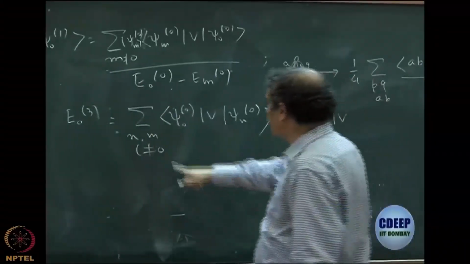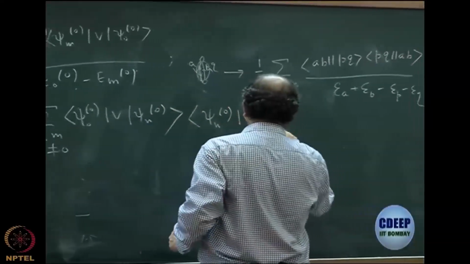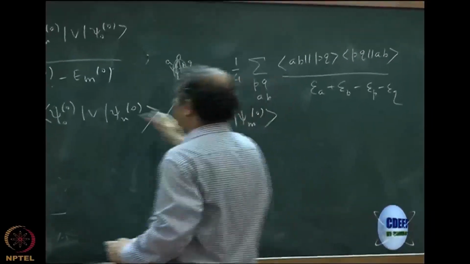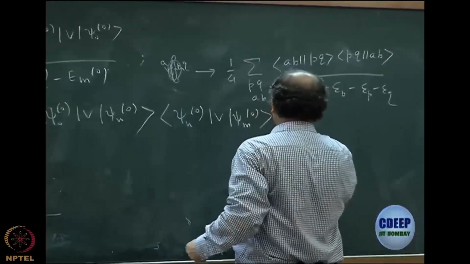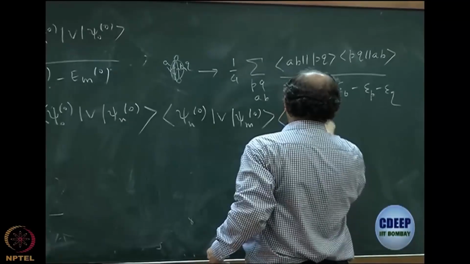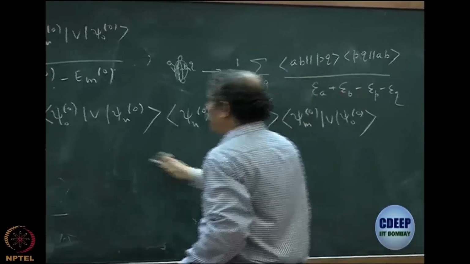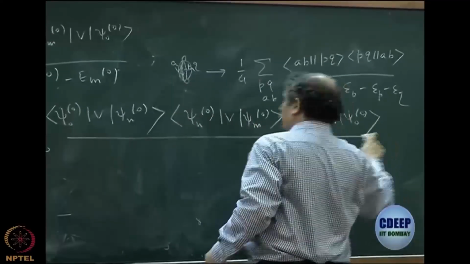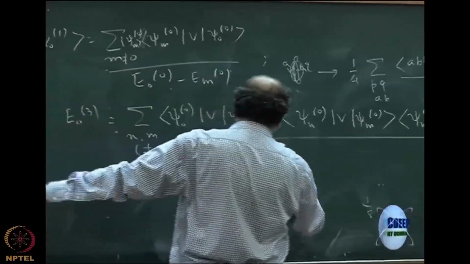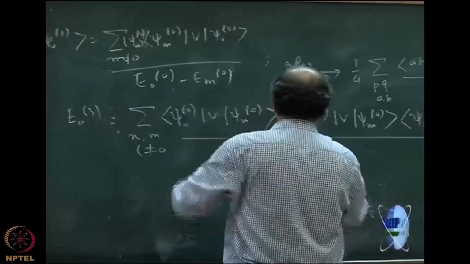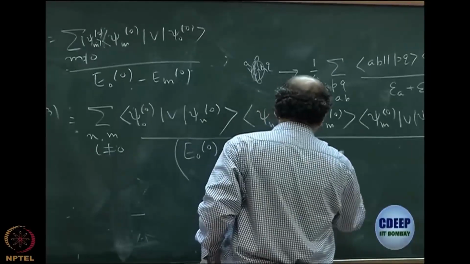So I do an expansion of m, and then I write psi m 0. It has first the ket vector, with which this will be closed, and then another factor will come, psi m 0, V psi 0 0, divided by E 0 0 minus E n 0, which is already there, and one more which is coming from here, E 0 0 minus E n 0.